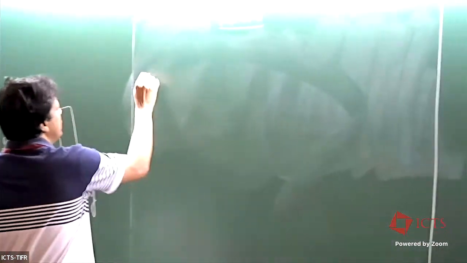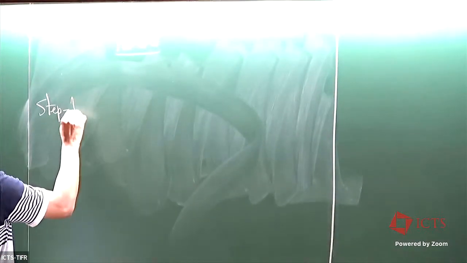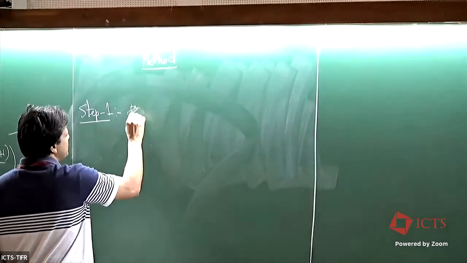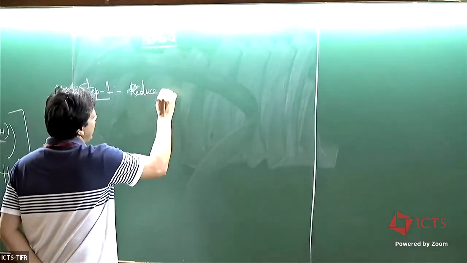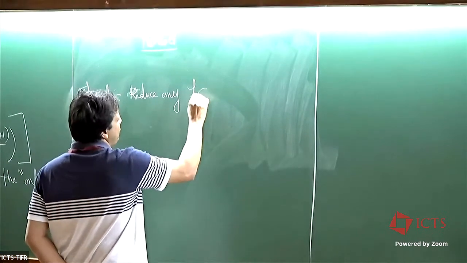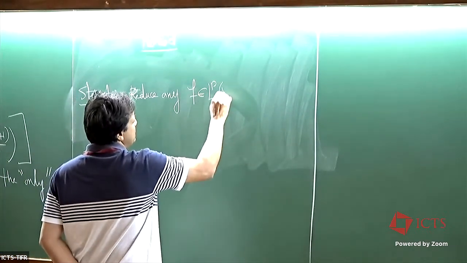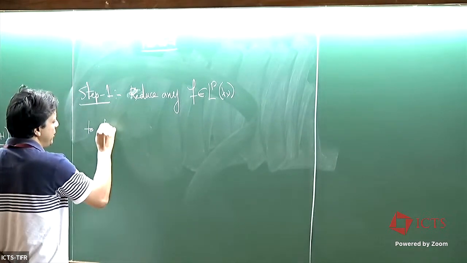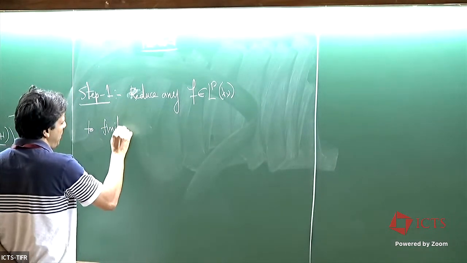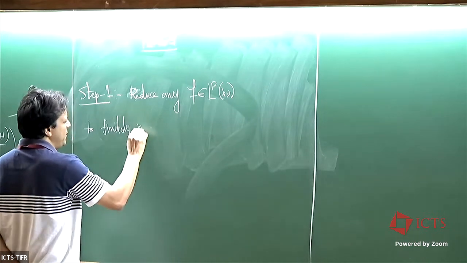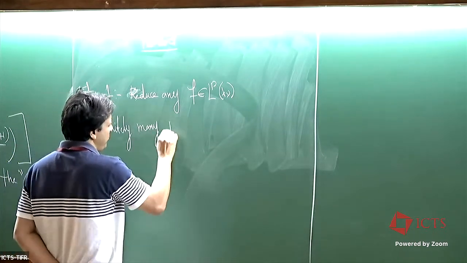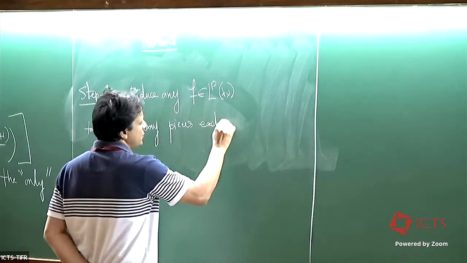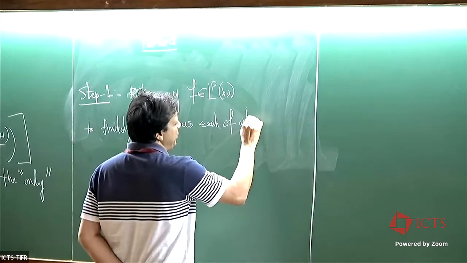So the method, the first step is to reduce any f in L^p of lambda gamma to finitely many pieces, each of which is adapted to intervals.